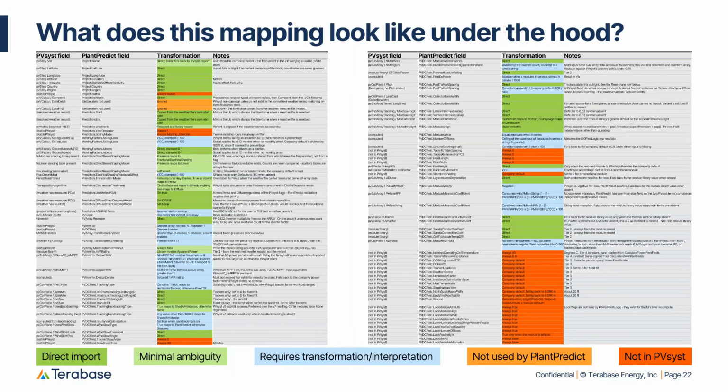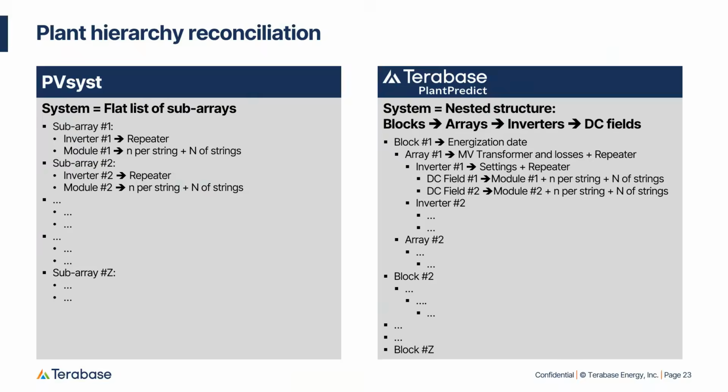I'm going to dive a little bit deeper into three of the elements that happen when you do this import. The first one, because users are going to interact with it, is how do you do a plant hierarchy reconciliation? So on the left here, in PVsyst, the plant hierarchy is fairly simple. It's just a flat list of subarrays.